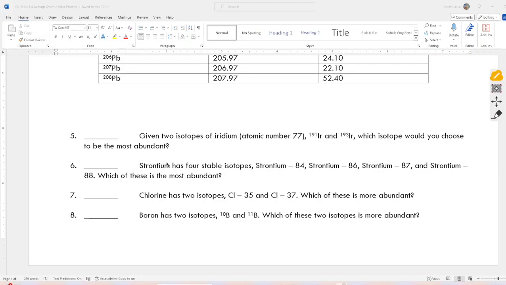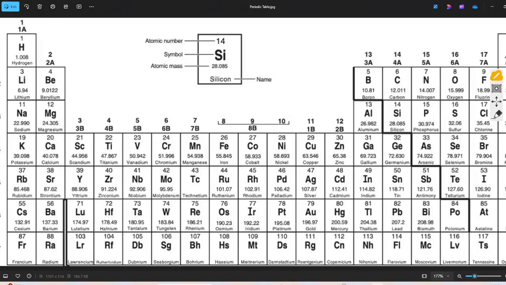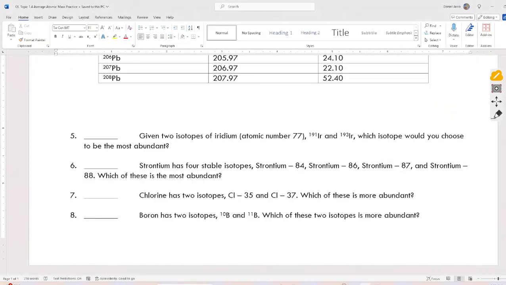But what we need to do is find strontium on our periodic table. So let's bring that up. All right, strontium is over here. And we see on our periodic table, strontium has an average atomic mass of 87.62. So let's write that one down over here.